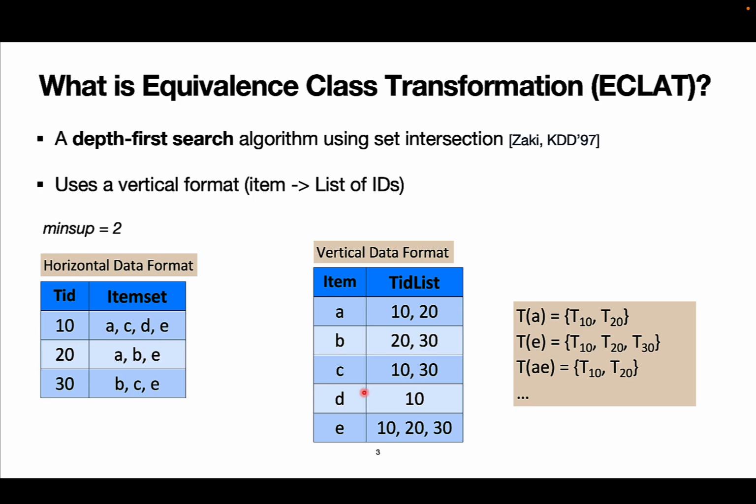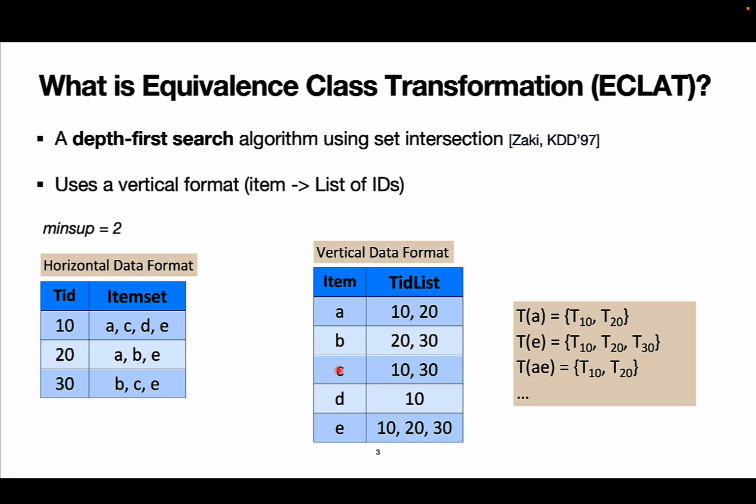ECLAT, on the other hand, uses the vertical data format where each item points to a list of transactions in which it appears. You can think about it as an inverted index in data structures, where the key is the item, the value is the transaction ID list.